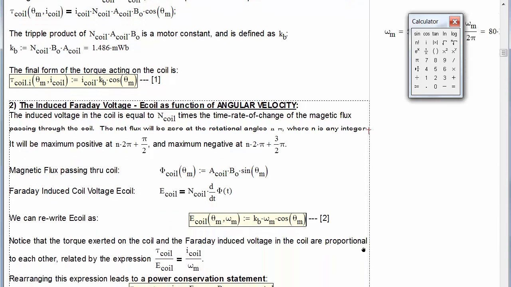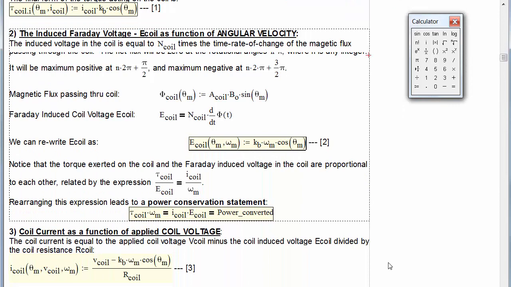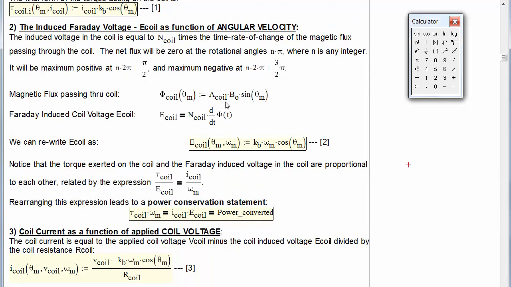Second one is that we can calculate the flux cutting through the coil, and that's going to be a function of the sine of theta. It's the magnetic flux density times the area of the coil.